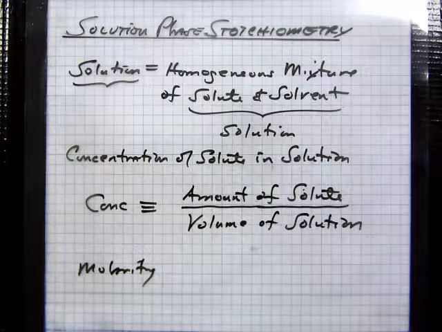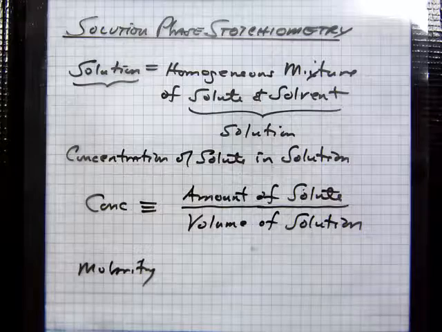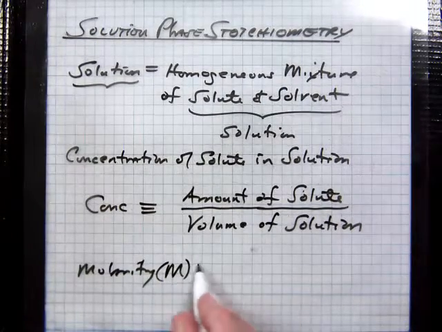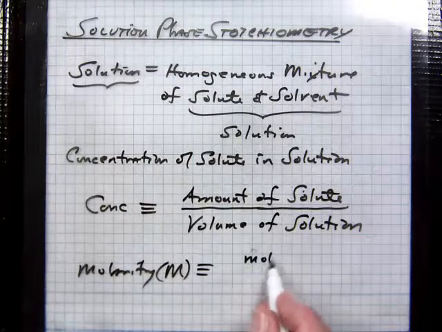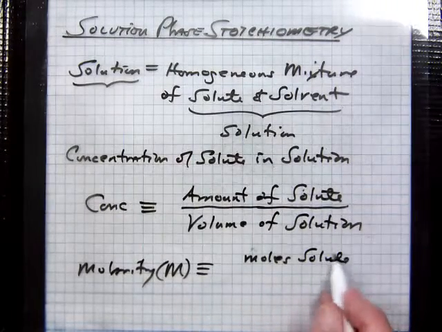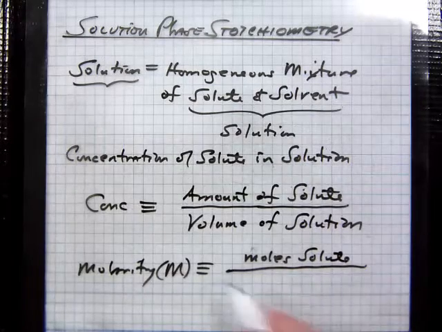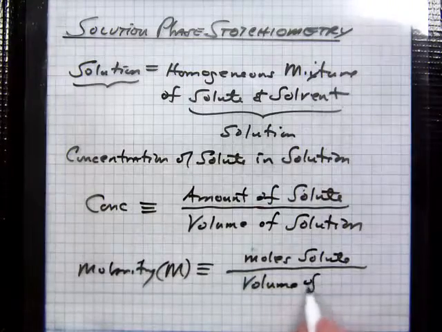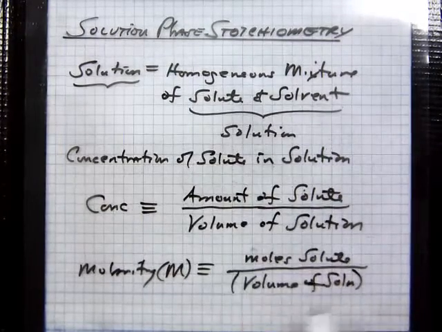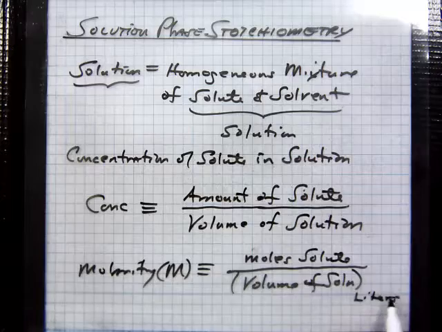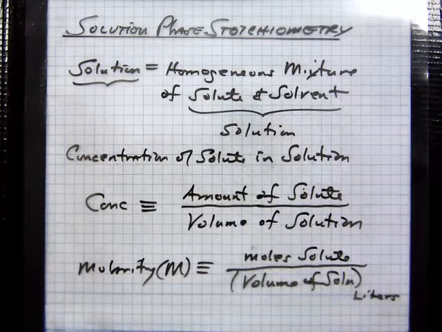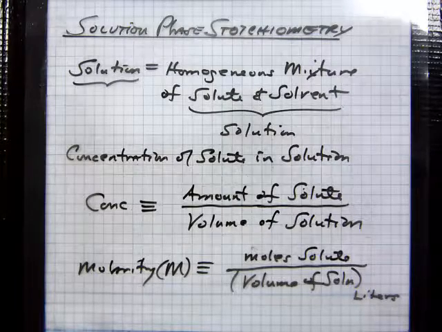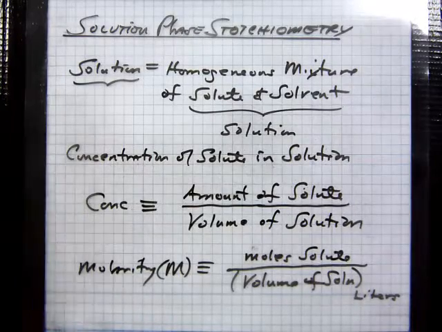It's a density or distribution of solute in solution, and it's given by the symbol big M. By definition, it's moles of solute, which we know everything about now, over volume of solution, in parentheses, expressed in liters. So if you have so many moles divided by total solution volume, expressed in liters, you'll get molarity.